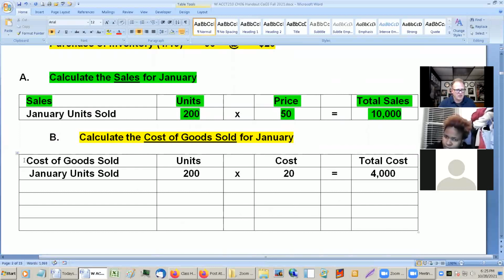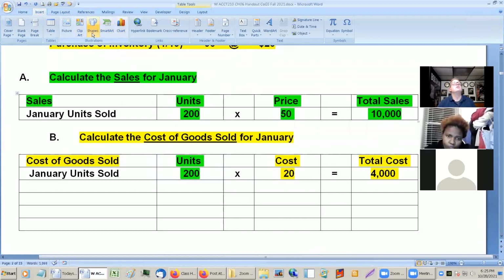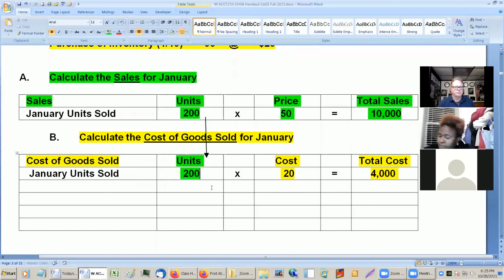Now again, when we go through this, be careful that the units sold and the cost of goods sold will be the same units. These are the same ones. So these ones that we sold, we paid 4,000 for them.